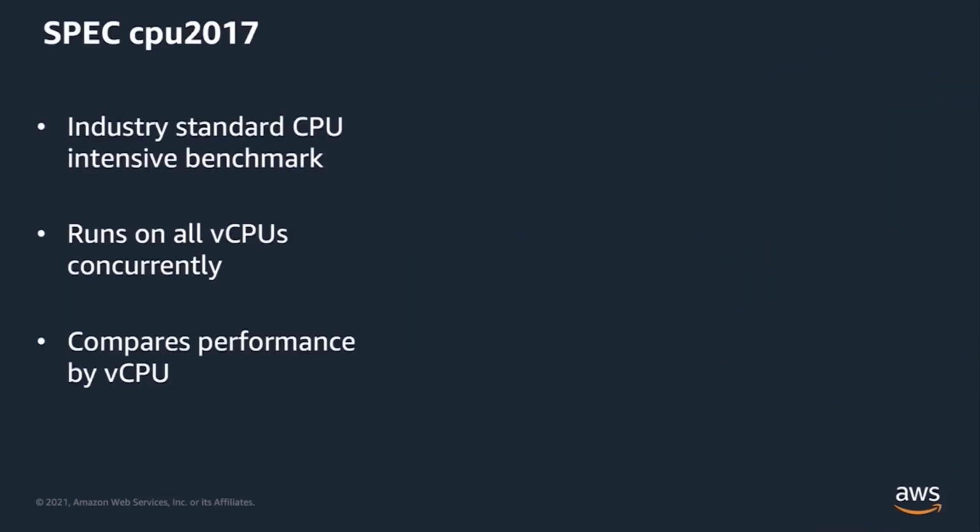So let's start with SPEC CPU 2017, which is an industry standard benchmark for CPUs. We use the 2017 variant, which is a few years old, and because of that, it's also fairly stable. It's written in C and C++, and it runs across all of the vCPUs concurrently.